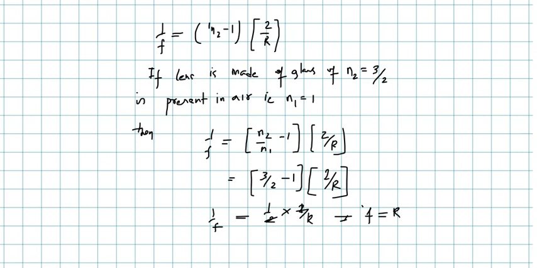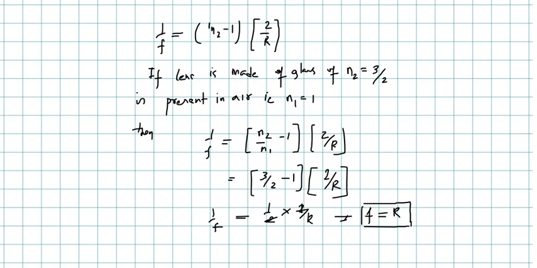So in case of a double convex lens or double concave lens, it would be plus f for convex and minus f for concave. But in case of double concave or double convex, where both r1 and r2 are the same magnitude and they are made of glass placed in air, the focal length is equal to the radius of curvature.